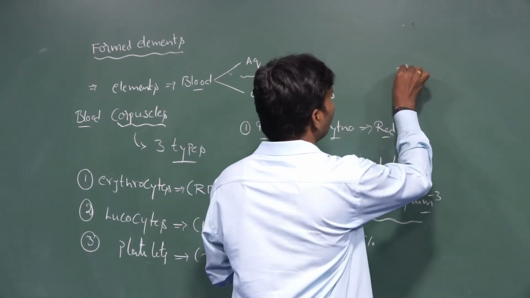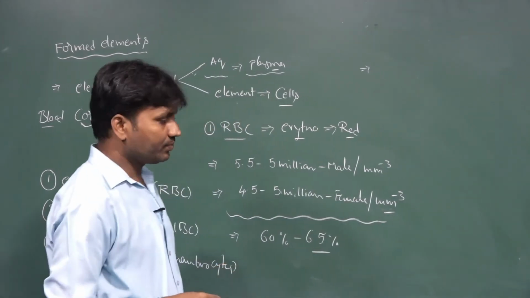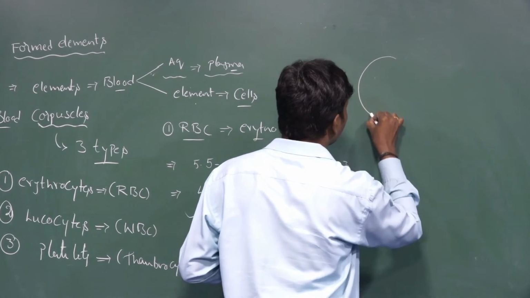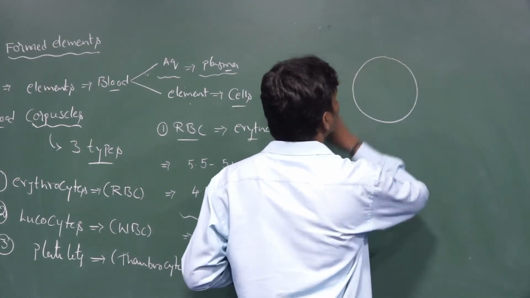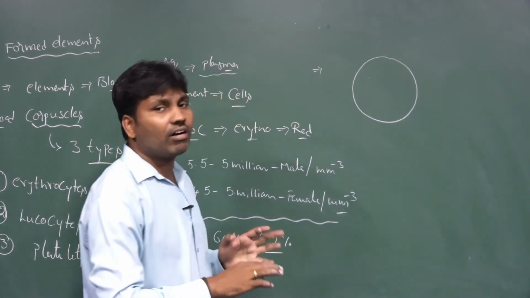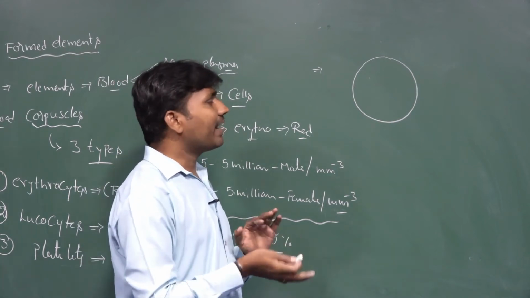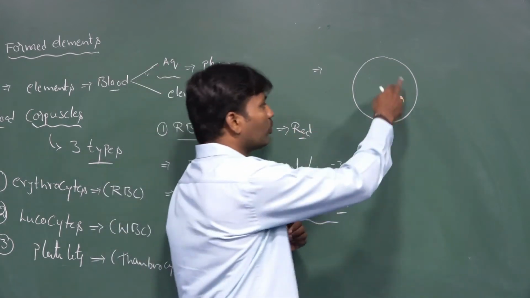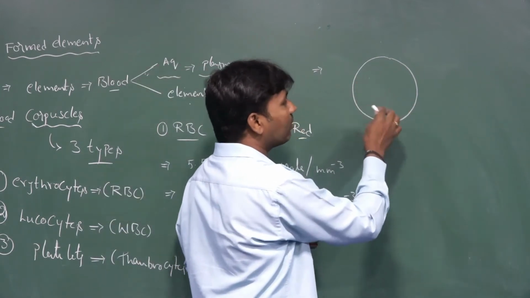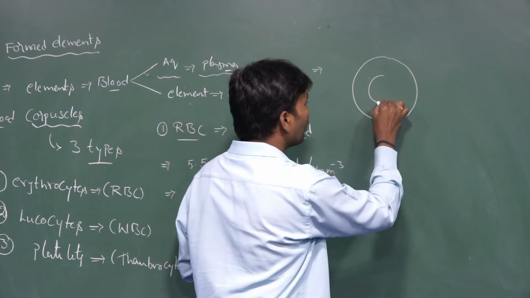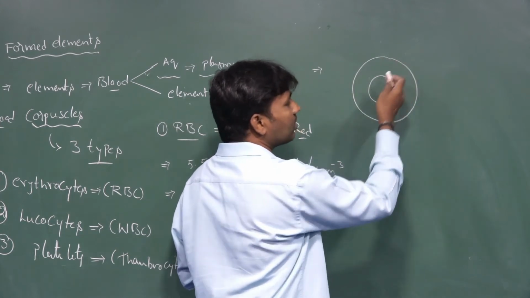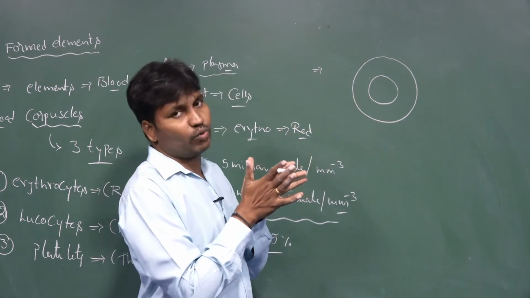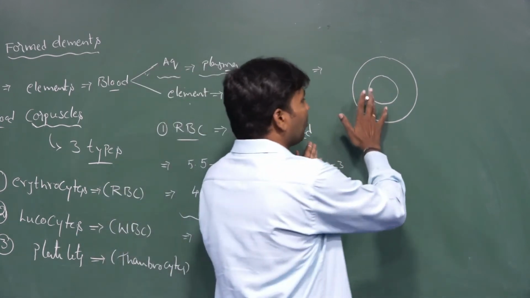Then we take the structure of the RBC. The erythrocytes are circular, round, biconcave. Biconcave means their margins are elevated and the center becomes a concave structure.